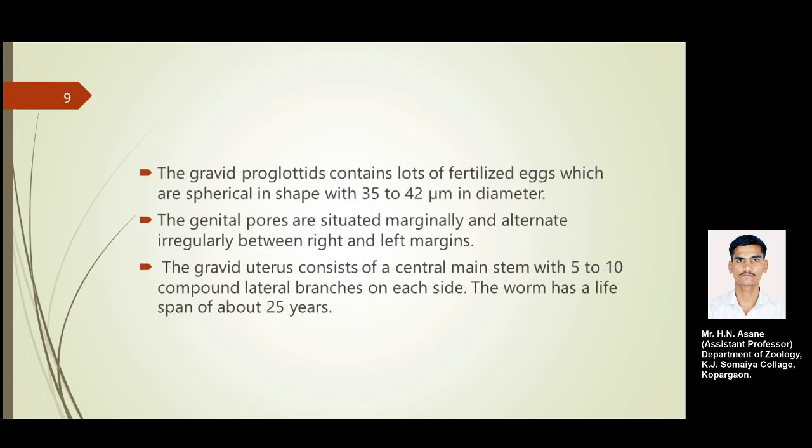As you can see, the gravid proglottids contain lots of fertilized eggs, which are spherical in shape with 35 to 42 micrometers in diameter.